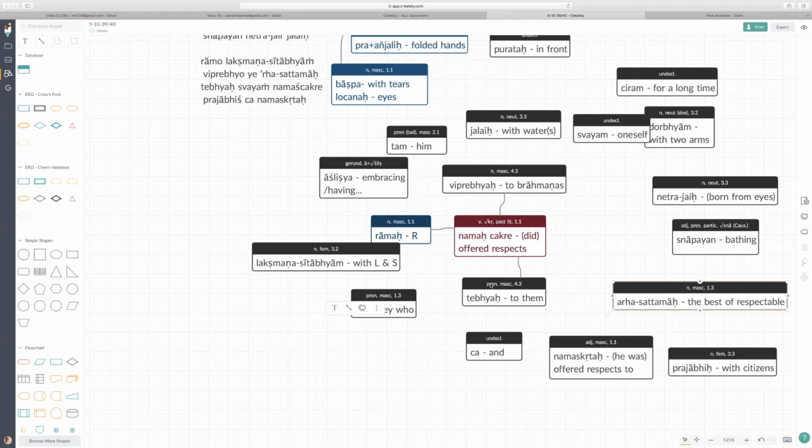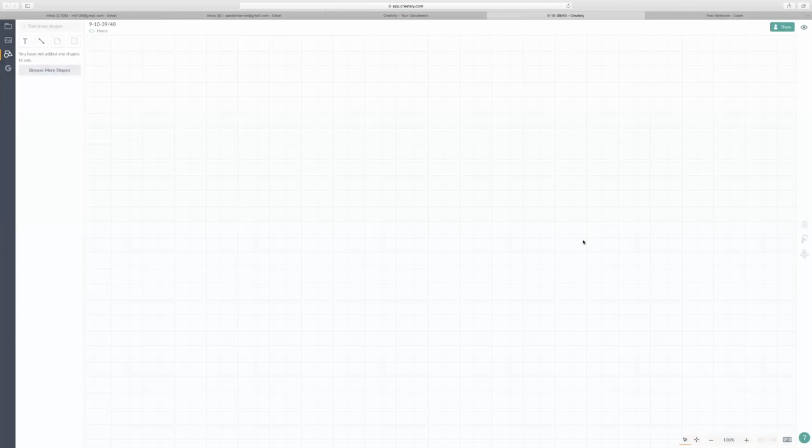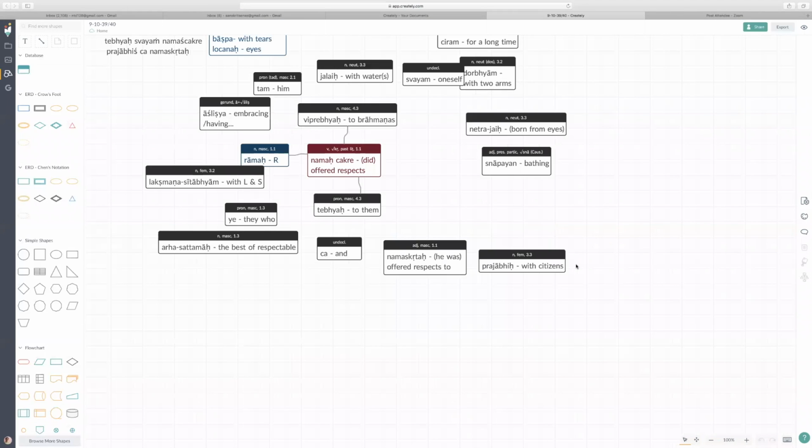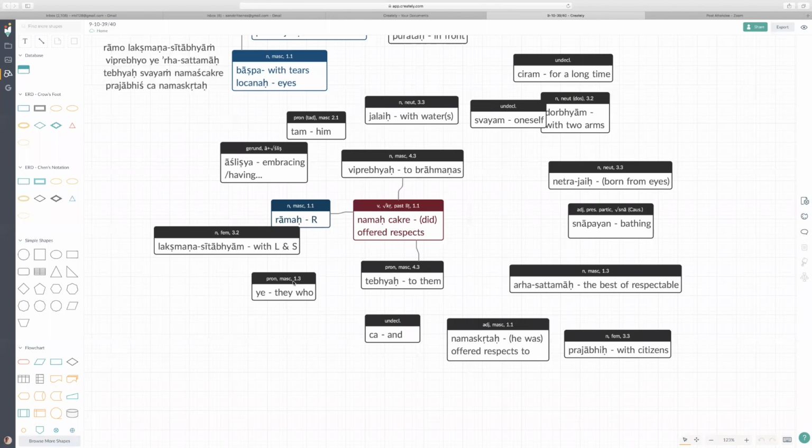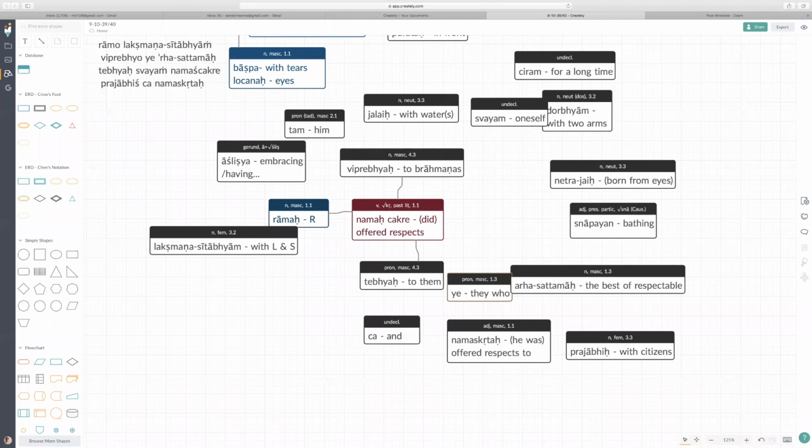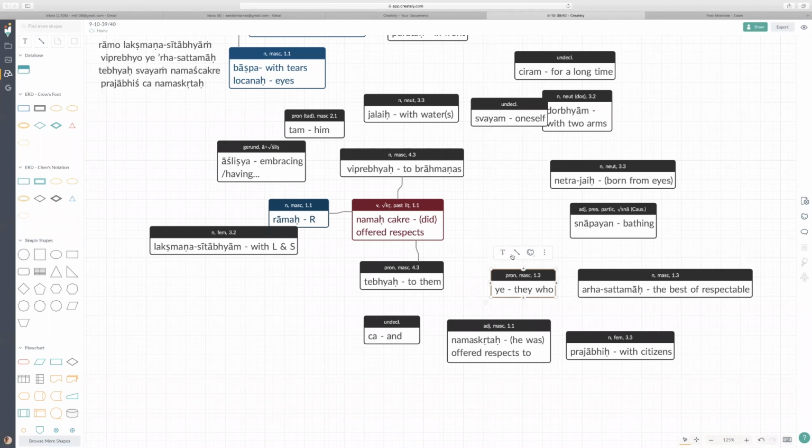Just a second. So whenever we have ye, it goes pair in pair with te or tebhyaha. So they're both related.